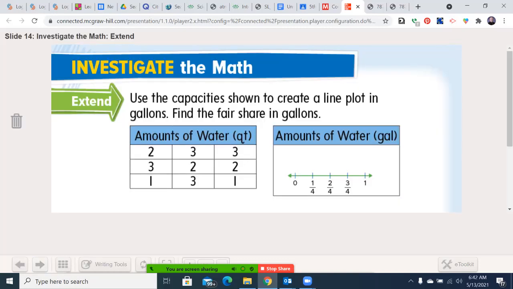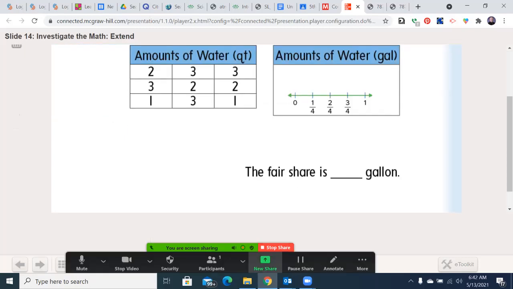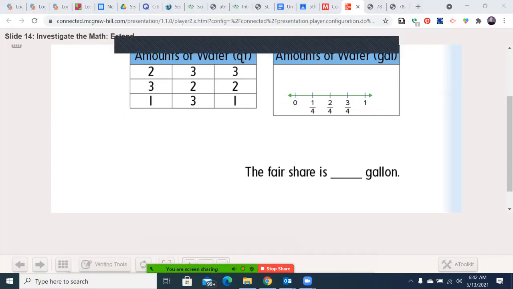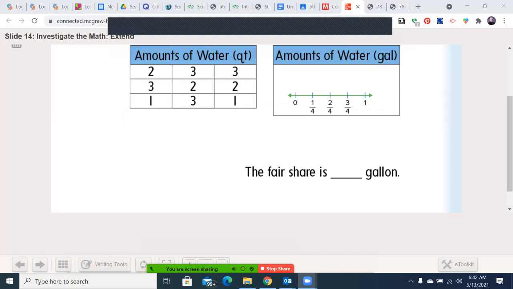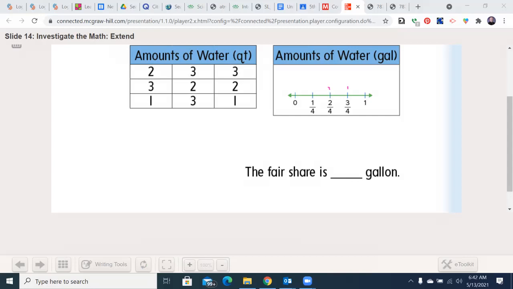Use capacity shown to create a line plot in gallons. So what you do is you start with the ounces of water in quarts. Essentially, you take this and put it over because this is referencing gallons. We start out with a 2, and I got a 3 and another 3. I'm just going across. Then we have another 3, a 2, and a 2, a 1, a 3, and another 1.